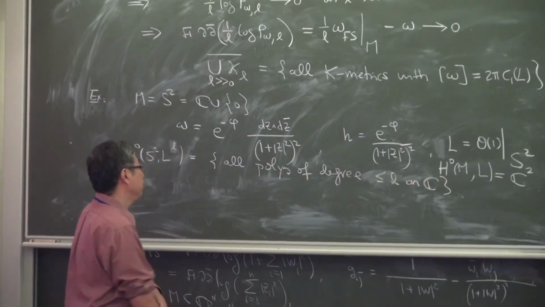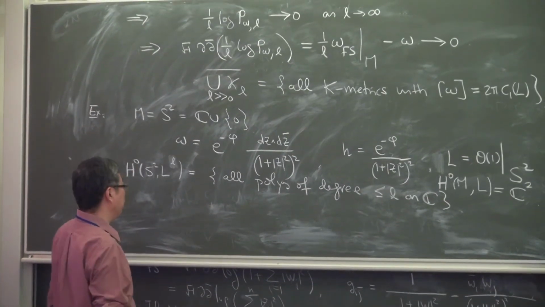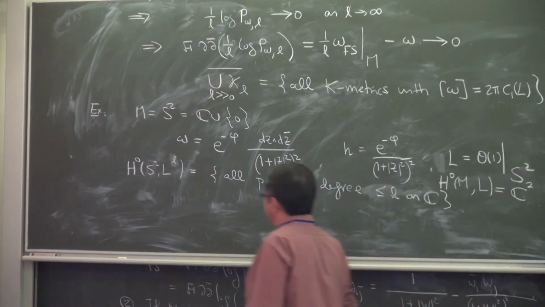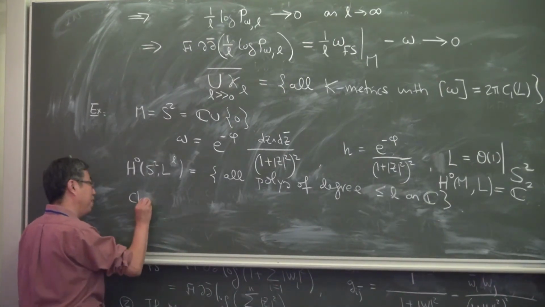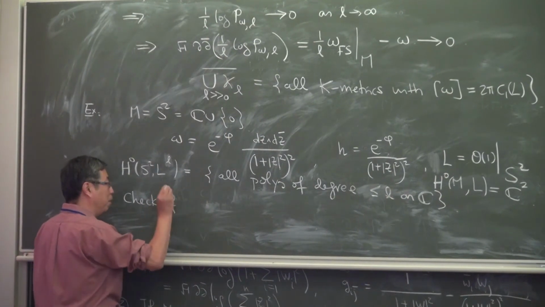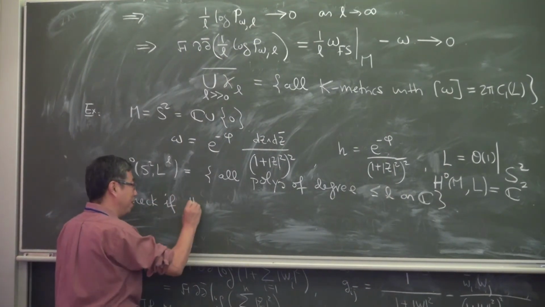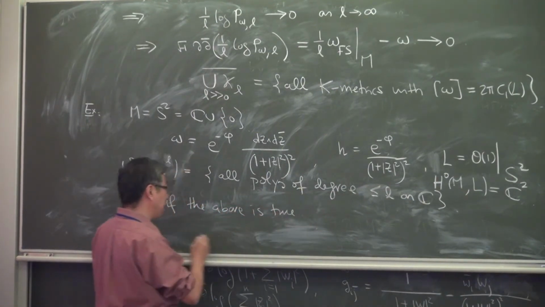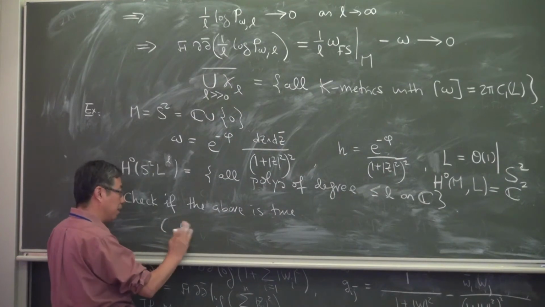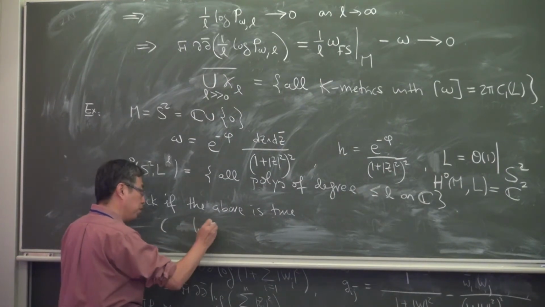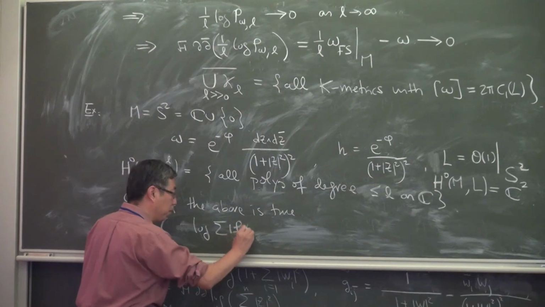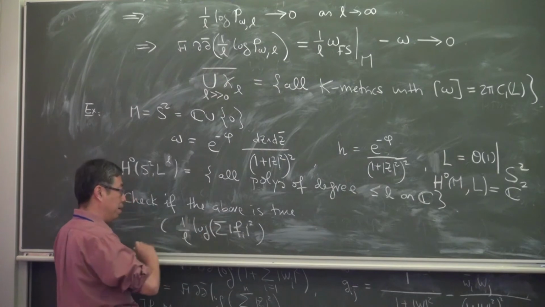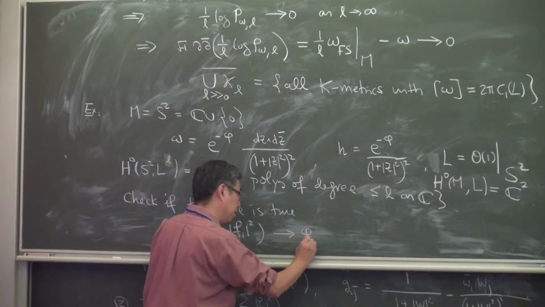Okay. So then if you look at the base, you look at this condition, to save time I will not write it down. So maybe you can check if what I said is true. The above is true. So this time it just becomes a phi. I get a family of functions, log of some basis of polynomials, and maybe normalized by L, divided by L, and it goes to phi.